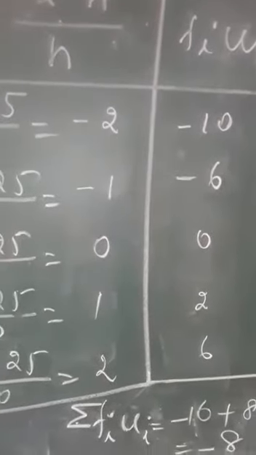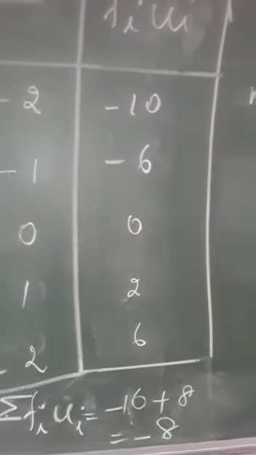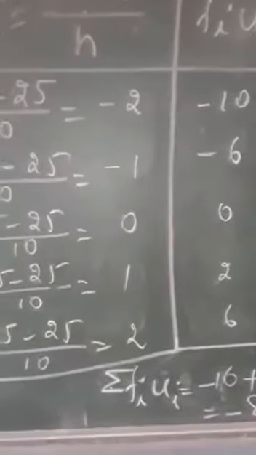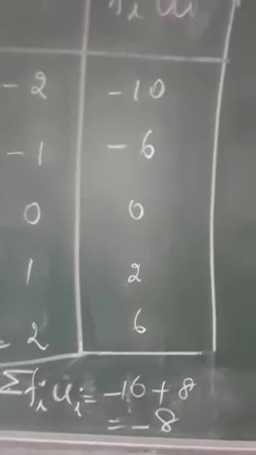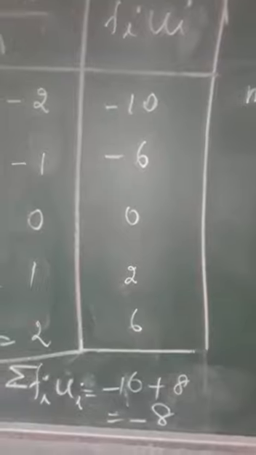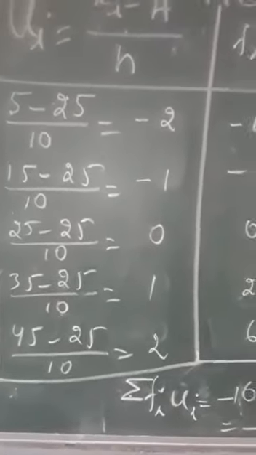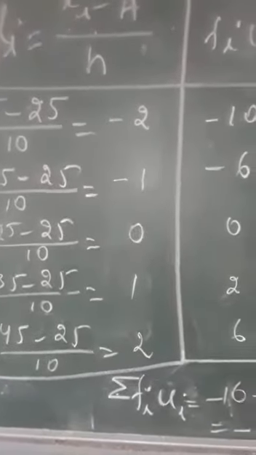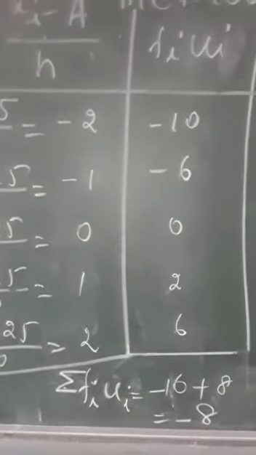So product of 5 and -2 gives us -10. Here the second fi is 6 and second ui is -1. The product of it will give us -6. And in the third term we are having product of fi and ui is equal to 0 because the value of ui is 0 and product of any term with 0 is always equal to 0.